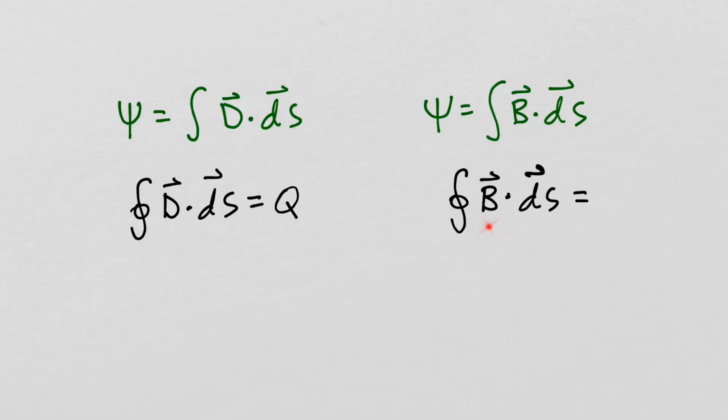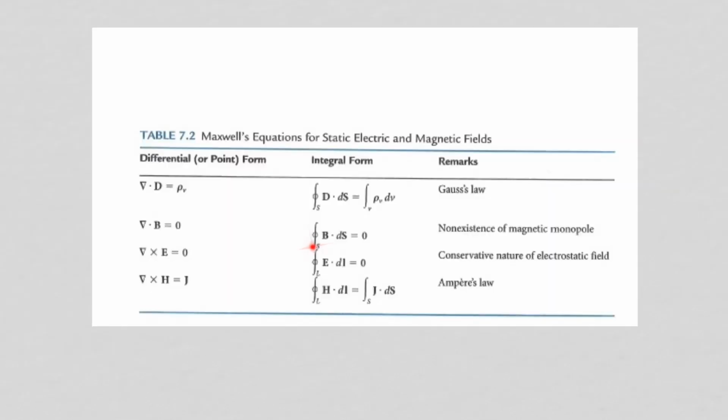So the integral of B dot dS around a closed surface is going to be 0, and that will be our 4th Maxwell equation. So our 4th Maxwell equation is the nonexistence of magnetic monopoles. So the point form of this 4th Maxwell equation is that the divergence of B is going to be 0 because of the non-existence of magnetic charge.